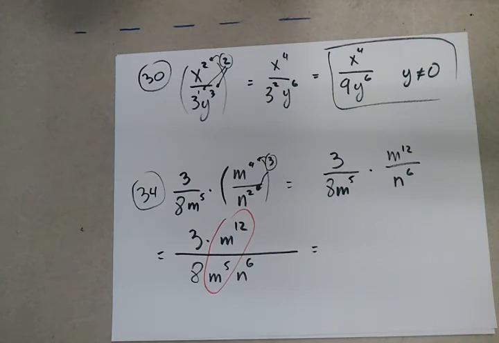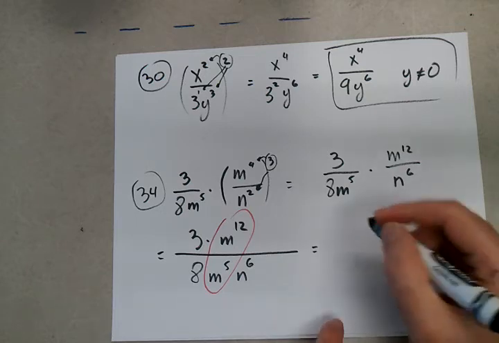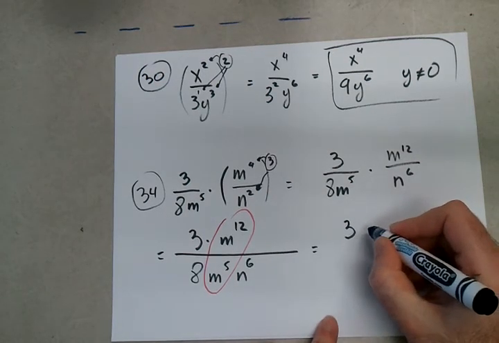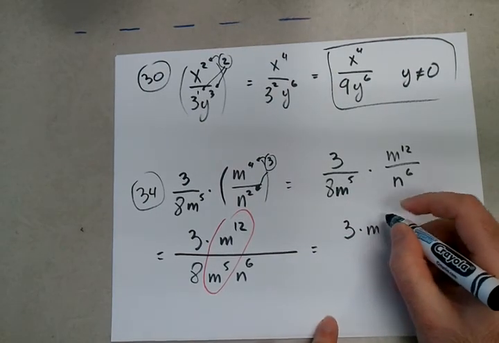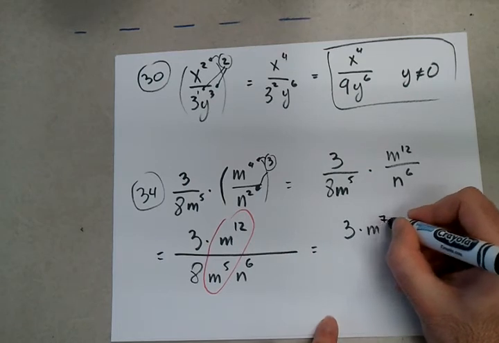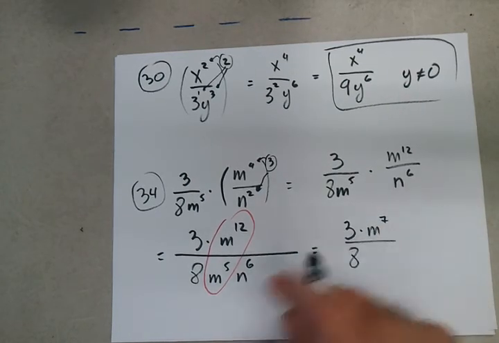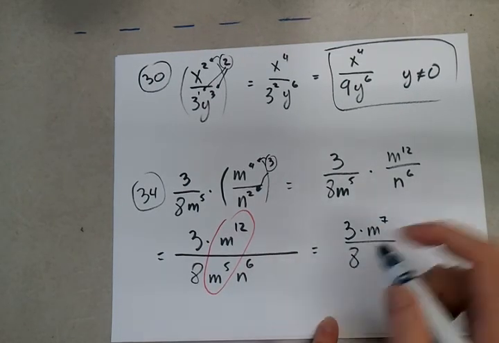So I have m to the 12th power divided by m to the 5th power. So I'm going to subtract the exponents, 12 minus 5. So I have again 3 times, now it's going to be 12 minus 5, which is 7, so m to the 7th, over 8, there's no more m on the bottom, I still have the n.